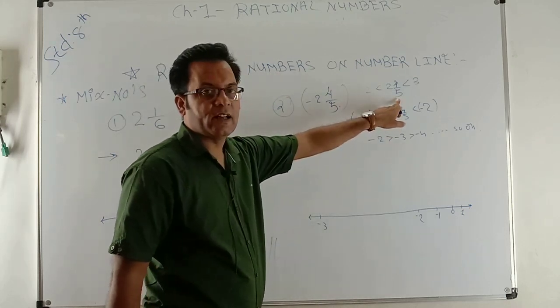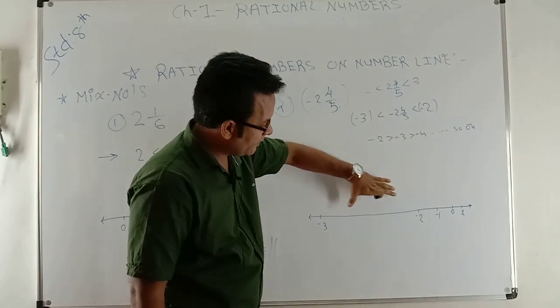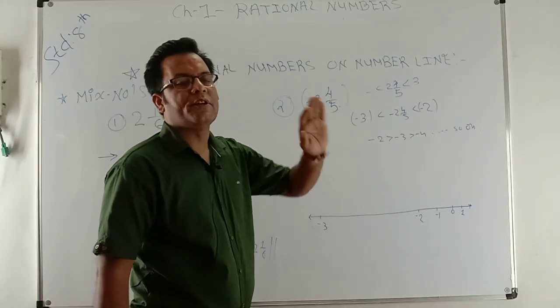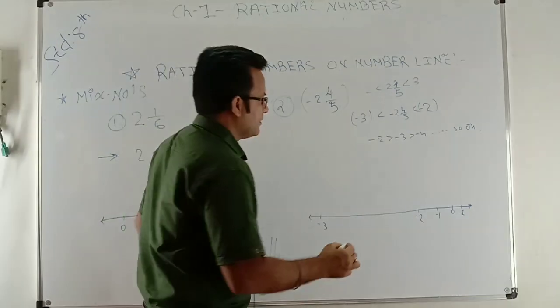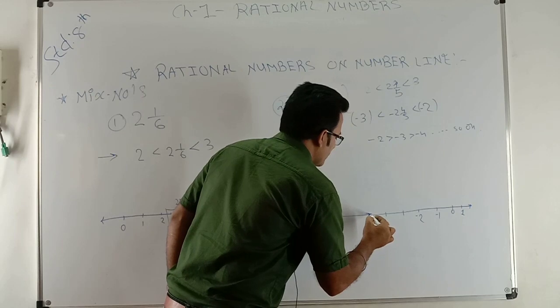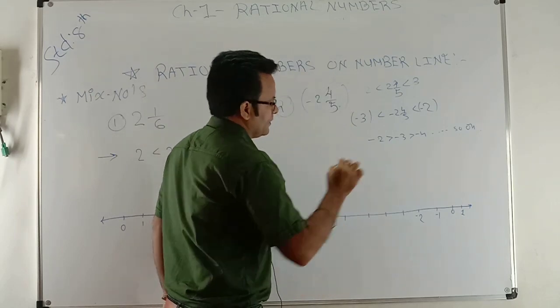See the denominator, that is 5. So minus 2, minus 3. This part of the number line you have to divide into 5 equal parts. 1, 2, 3, 4 and 5.